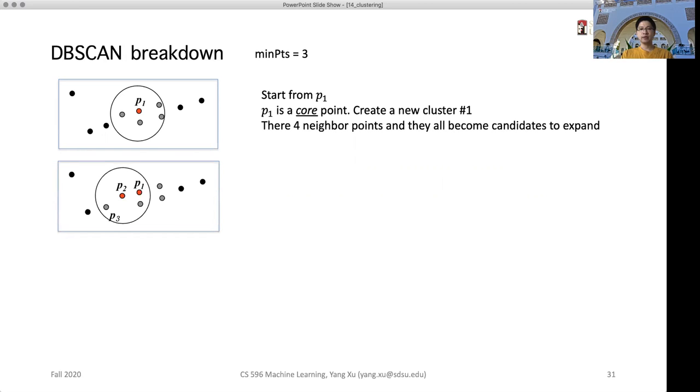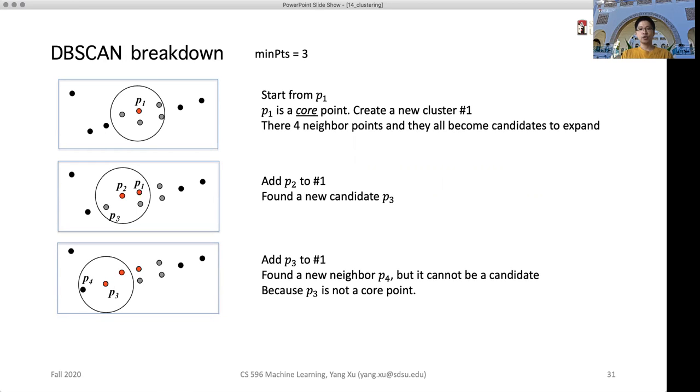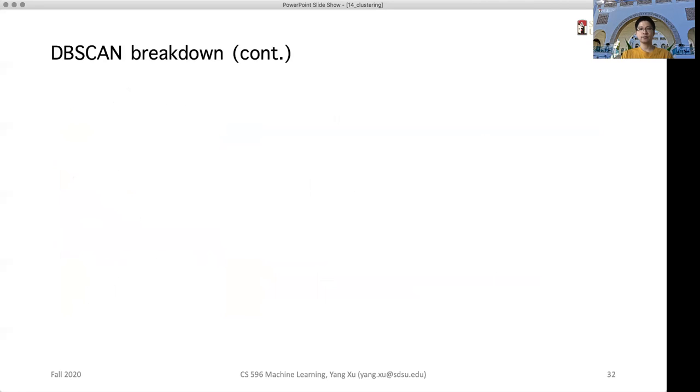Say we expand from P1 to P2, and P2 is also added to cluster 1. And we find a new candidate, P3. If we move to P3, we find a new candidate, P4, but this time it cannot be expanded because P3 is not a core point. So we will stop at P3.